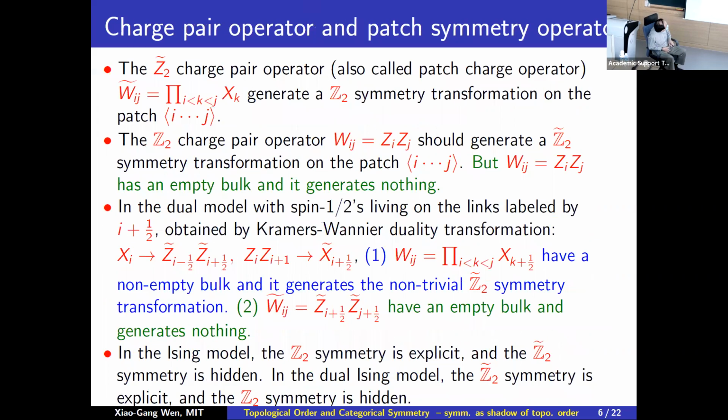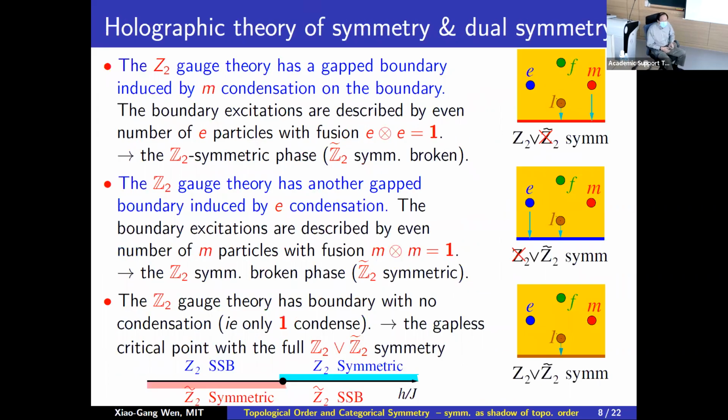We mentioned that one way to see them explicitly is to view our symmetric system as a boundary of a one higher dimensional system. The one higher dimensional system is in a trivial symmetric product state. So it's symmetric, but it's a product state, so basically you can remove them.